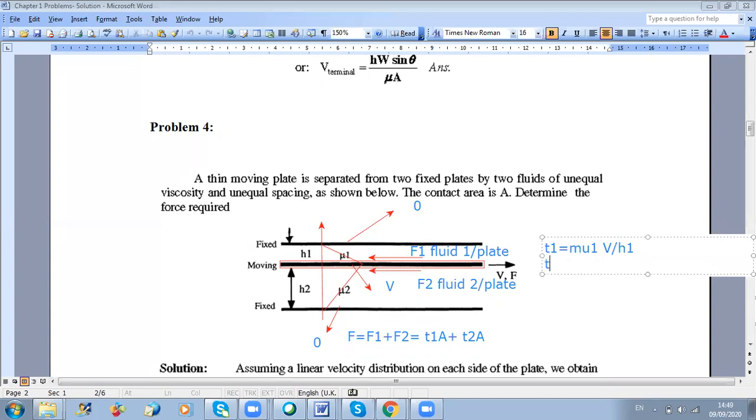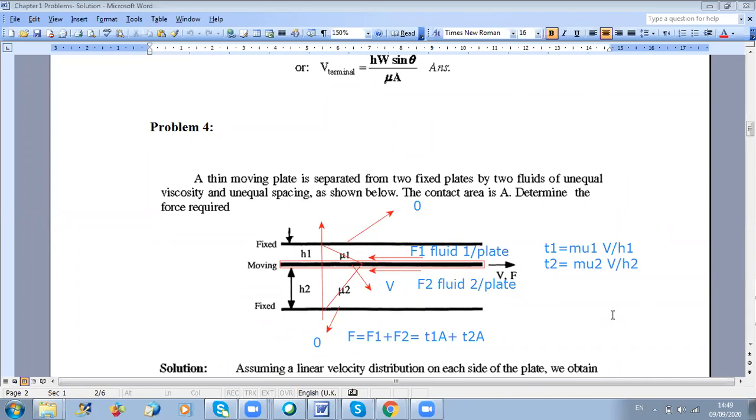For the second fluid, tau 2 is equal to mu2 times the same velocity V, because here it's a common location. So at this level, you have the same velocity in fluid 1 and in fluid 2, over H2. Okay, so in this way, I can calculate the total force that should be applied on my plate.